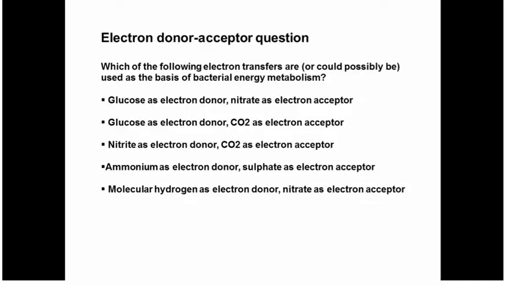Okay, everybody thought about this? It's useful if you've got the scale with the different redox potentials for the half reactions. It's the only way you can figure it out. Is everybody ready to say something about this?